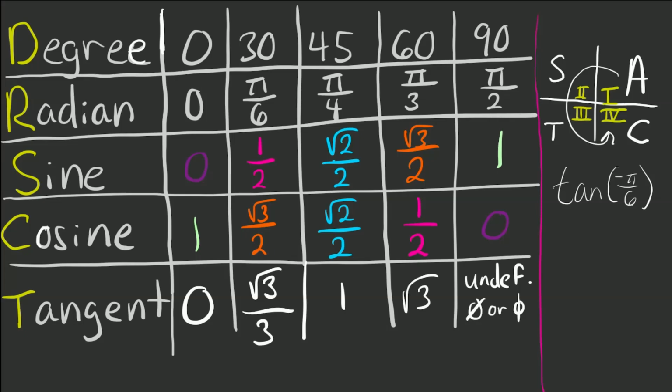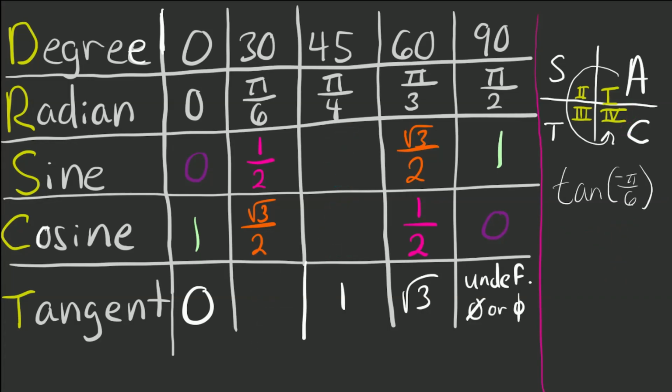So because it's negative, when we go around the unit circle, instead, we go clockwise. Pi over 6 is in the first quadrant, so negative pi over 6 going backwards would be in the fourth quadrant. So tangent of negative pi over 6 is going to be negative. So whatever value tangent is of pi over 6, I have to make that negative. So tangent of negative pi over 6 is negative square root 3 over 3.